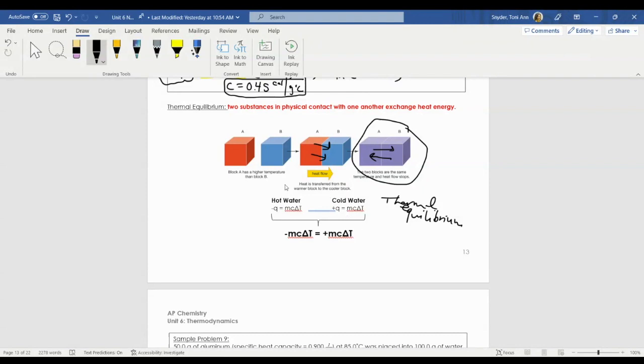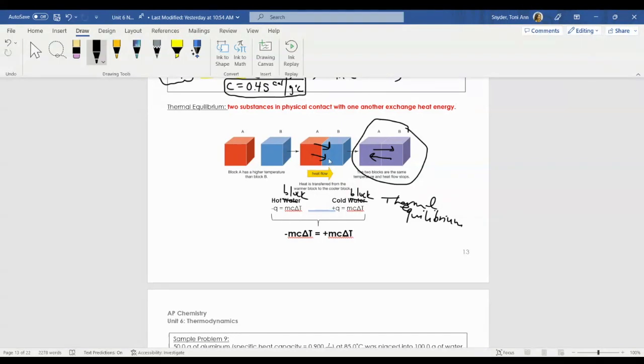So let's say, we're just going to call this the hot block. We could do this with water too, but we're just going to relate it to this example, the cold block. The hot block is releasing some energy, it's losing heat. So this right here is giving energy to this. So its Q is negative. However, this is absorbing that energy.